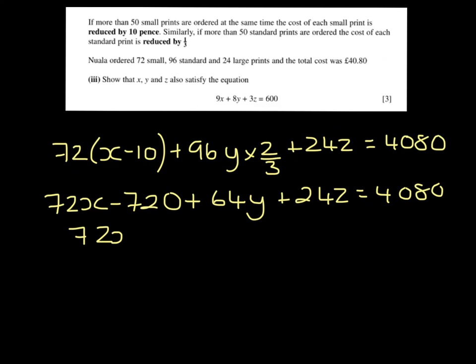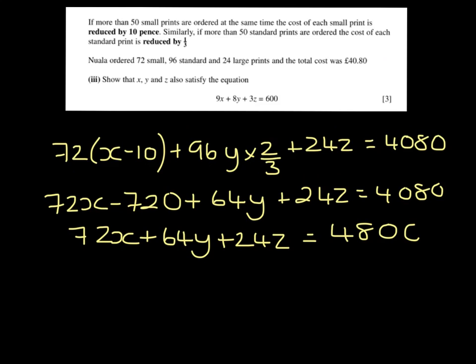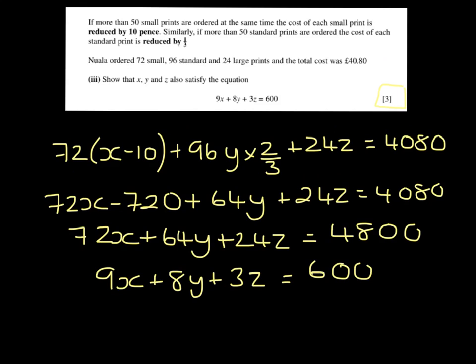So 72x plus 64y plus 24z, I'm bringing the 720 to the other side, gives me 4,800. And this time I'm going to divide everything by 8. 9x, 8y and 3z has to equal 600. And you notice here that this part of the question is worth 3 marks because of the increased work.